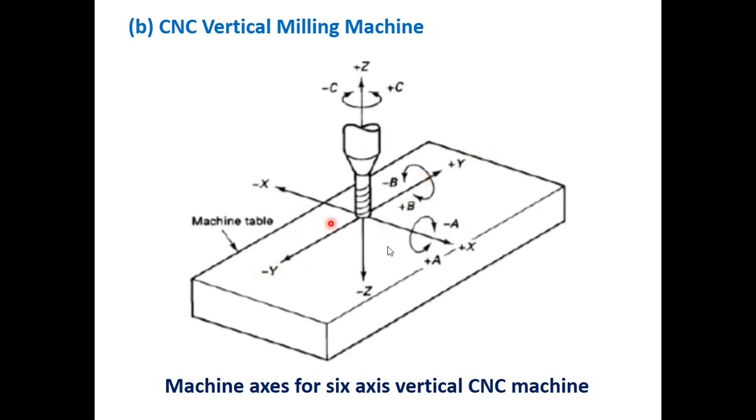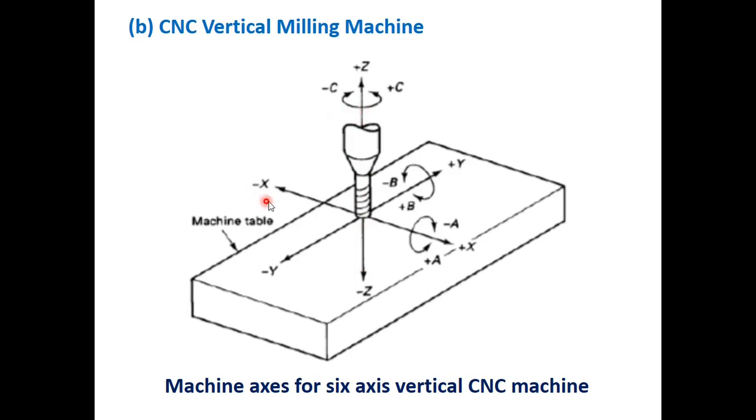Similarly, it can move plus y, that is towards the operator, minus y away from the operator. Similarly, for the tool or spindle mounted, if it's minus z, it is moving towards the workpiece and plus away from the workpiece.